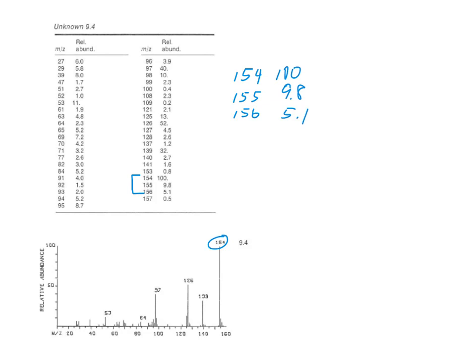Okay, so the first thing we do is look for the A plus 2. Again, 5.1, the highest one we could get was sulfur. So that's 100, 0.8, and 4.4.